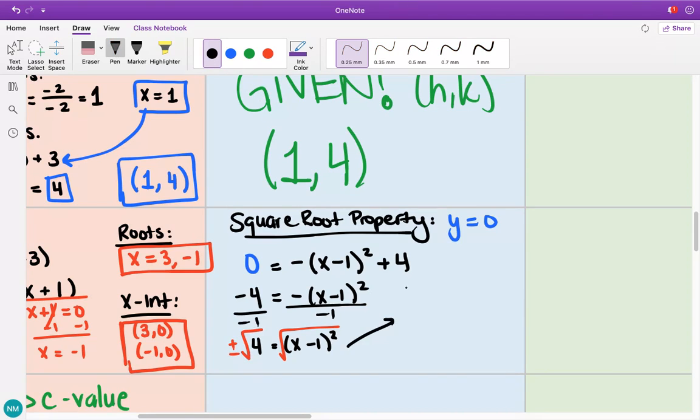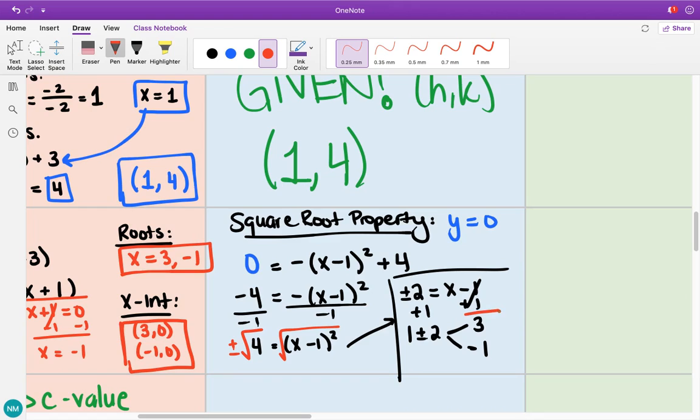So I get plus or minus 2 equals x minus 1, and then I add 1, and I get 1 plus or minus 2 equals x. When I split it, 1 plus 2 is 3, and 1 minus 2 is -1. 3 and -1, which is the same thing we get over here.